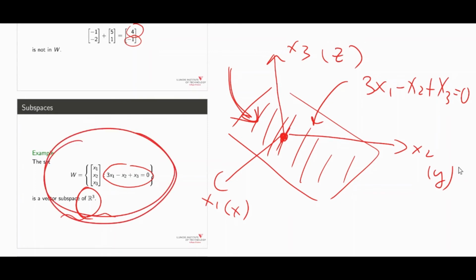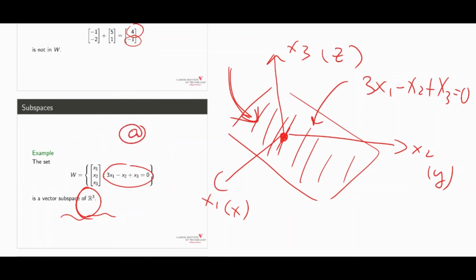According to the theorem, we just have to verify that the addition operation is closed and scalar multiplication is closed. Which means that if you take an element in W, take another element in W, you add them, make sure they are still in W. So this brings a very quick question: how do you show that if you add an element from here and an element from here, the result is still inside this set?